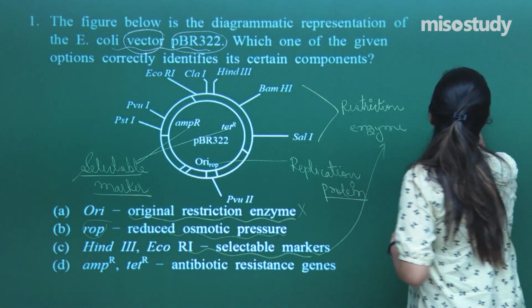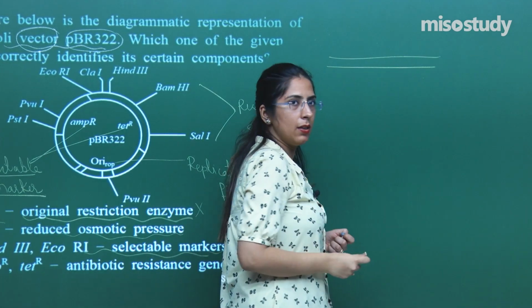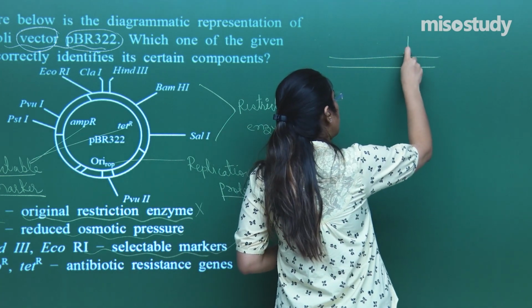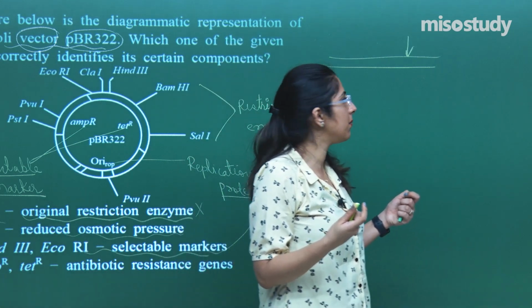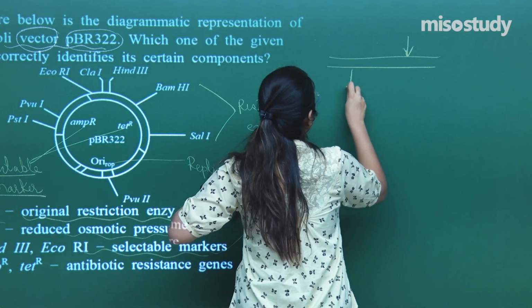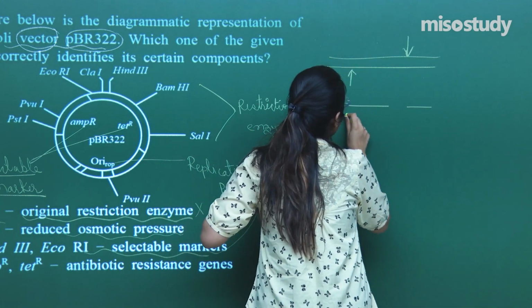Now, what are sticky ends? Suppose this is a double stranded DNA sequence. The sticky ends are formed if, in one DNA strand, suppose in the 5' to 3' direction, they cut over here, and in the second strand, suppose they cut over here like this. Now, what I will get is a sequence like this.